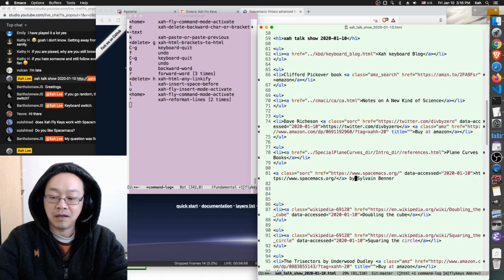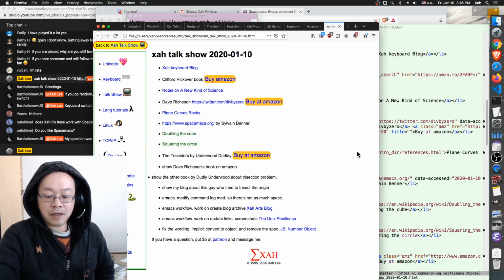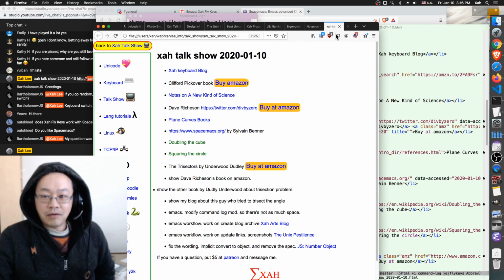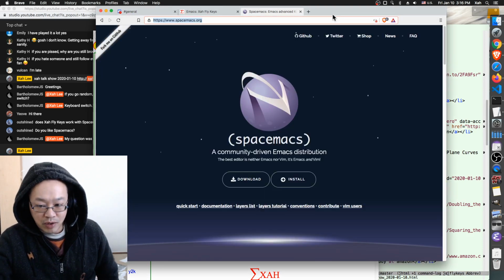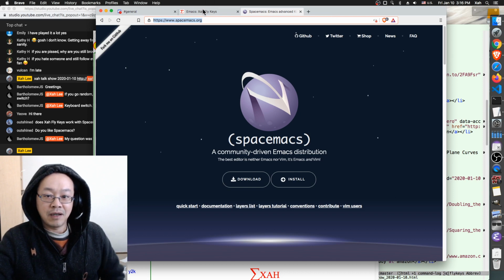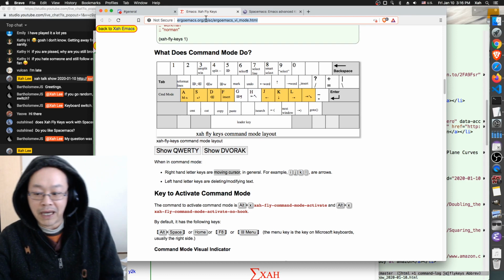So that's Spacemacs. And by the way, I also did an Emacs distro called ergoemacs. That is why my domain name is ergoemacs.org.